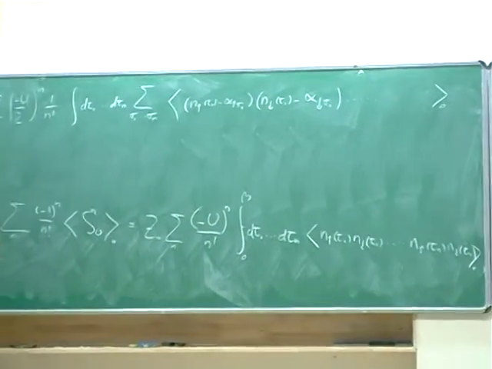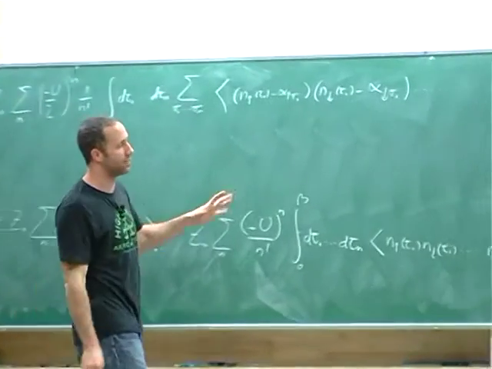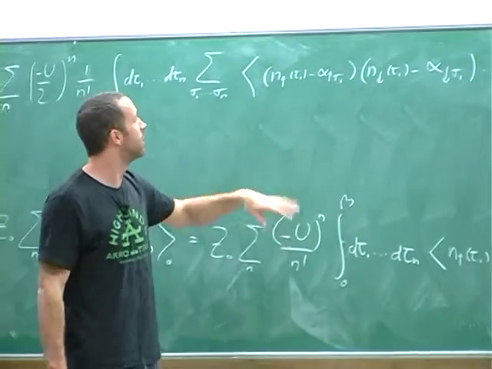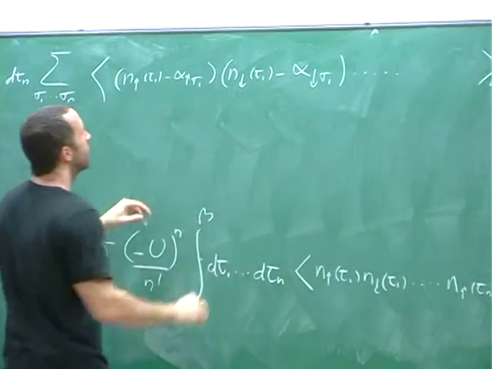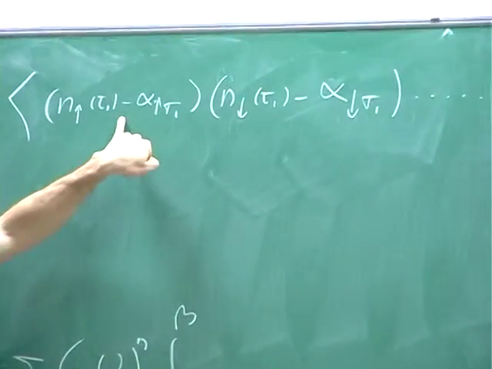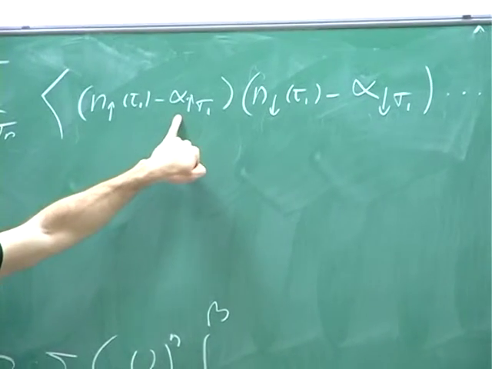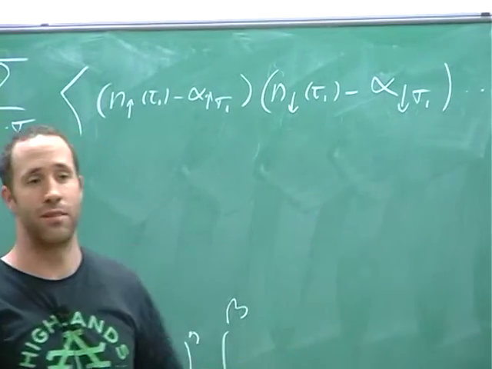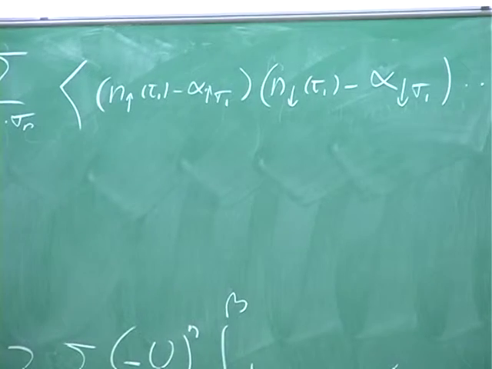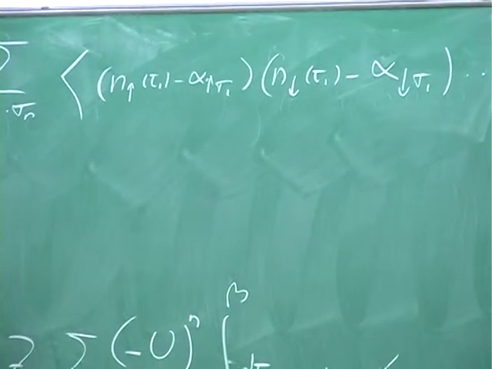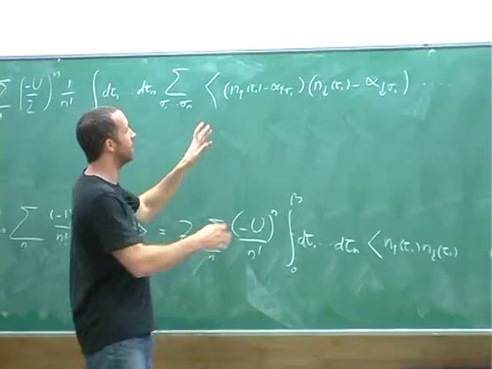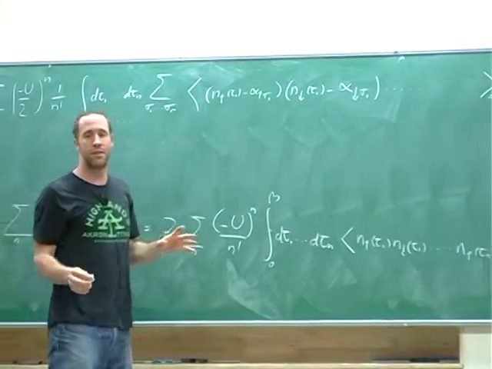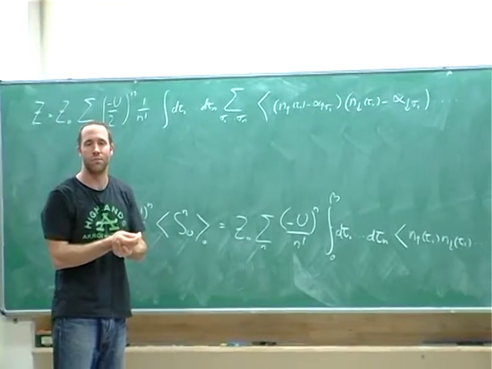Now you see, things have changed quite a bit. So alpha, if I take delta small, say, and I just look at these first terms here, this is essentially n up minus 1/2 times n down minus 1/2. You can see that if you want to keep your density fixed, so if you say n up plus n down is something fixed, then the product of these two things is actually negative this time.